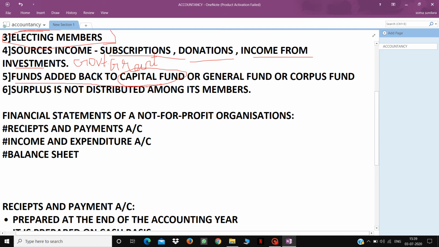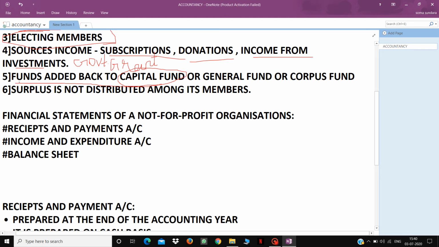Capital is the initial amount that they invest in their business, right? In a profit making entity it is called just capital because it is the initial amount invested by the members or by the partners in the firm. But here the members will not be investing, they will be donating. They'll be giving as a fund, so it is called capital fund.